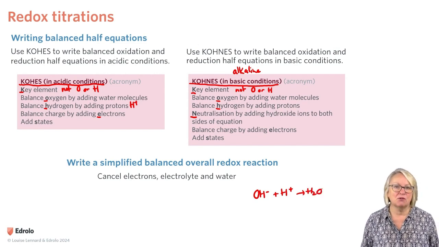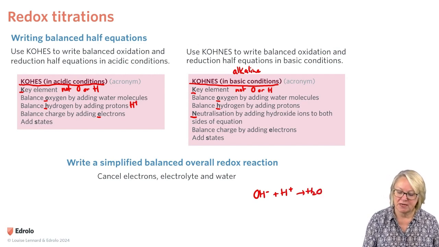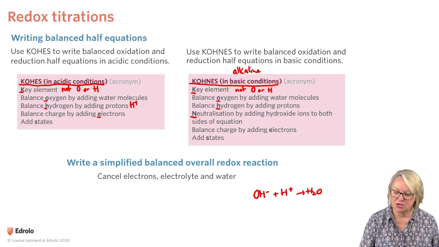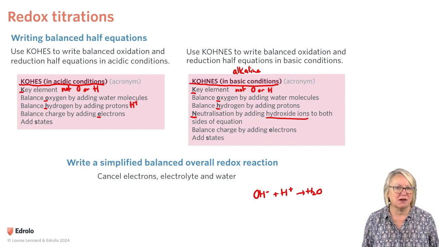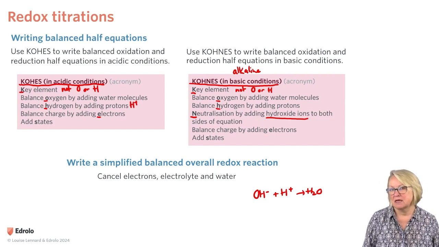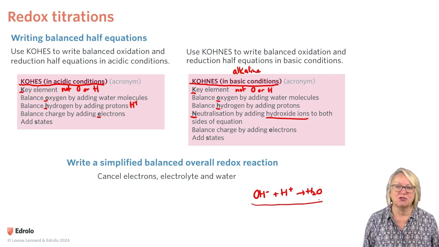So in alkaline or basic conditions, for every proton we have, we add a hydroxide ion to both sides of the equation, and then we neutralize our protons with hydroxide ions to produce water, and then we simplify the waters on both sides of the equation.